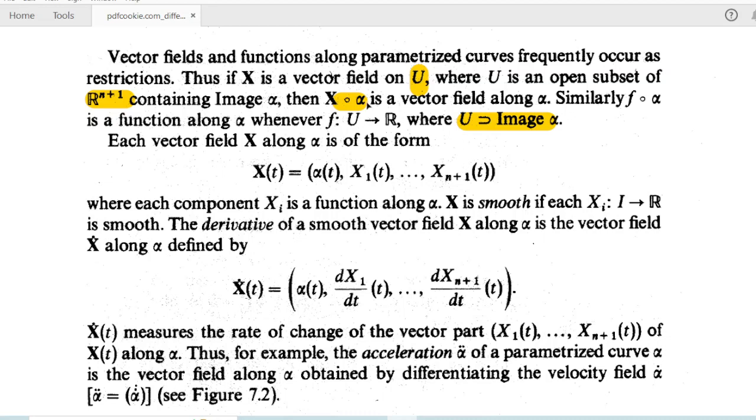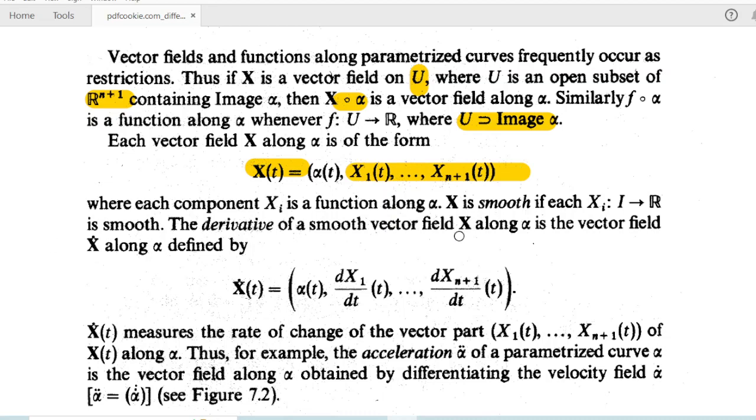And we know that U is a subset of R^(n+1), so we get this form, where each component xi is a function along alpha, and x is smooth if each xi is smooth.